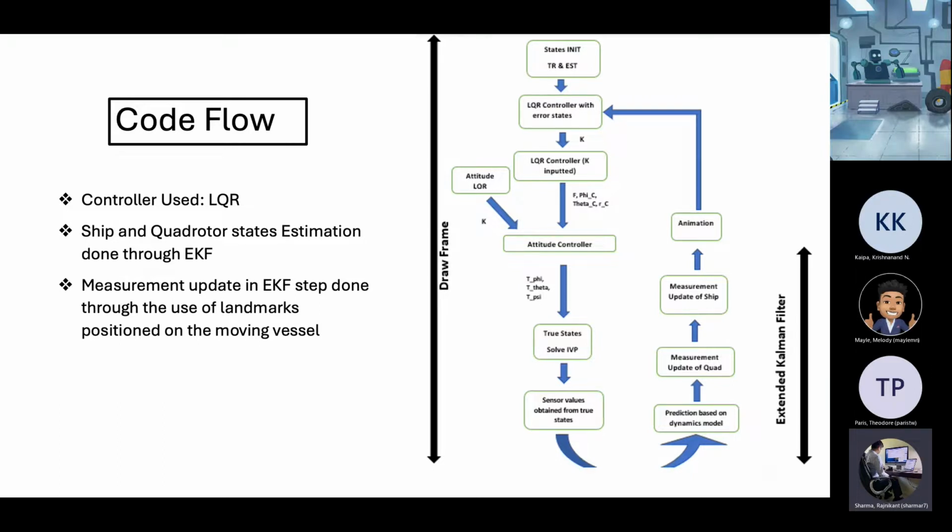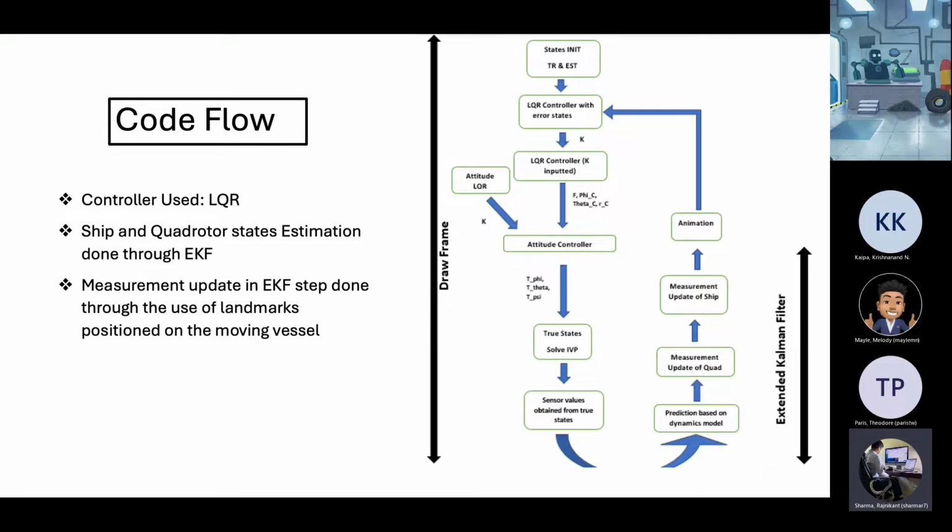Functions are being called from draw frame, and they go back into the draw frame again. At first, from the top, we initialize our states, true and estimated, and these states are inputted into the LQR controller, which gives us the gain k. This controller is basically the trajectory controller.